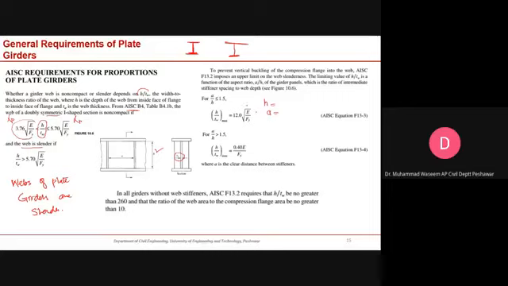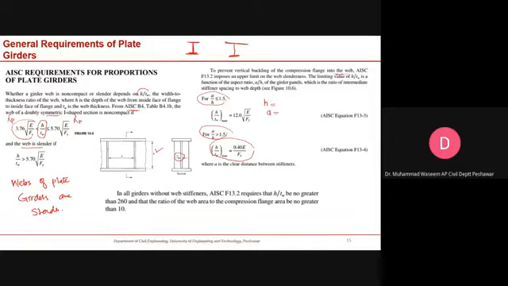You also have to satisfy this maximum requirement. If the case is this one, then the maximum value should be this one. When you satisfy this requirement, there will be no vertical buckling of the compression flange into the web.